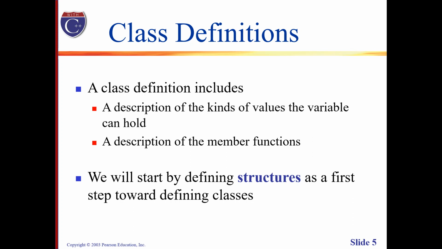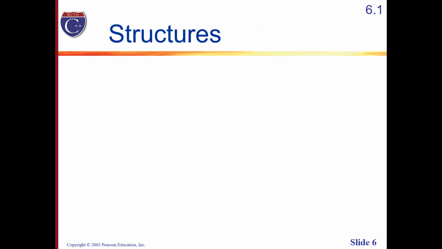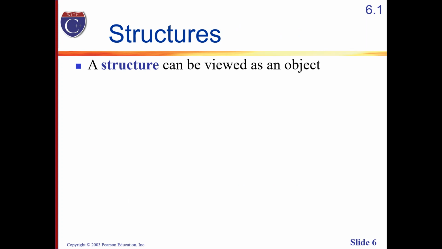First, we will define a structure as a first step toward defining classes. So what is a structure? In C++, we can view a structure as an object, although we don't consider them as a real object.